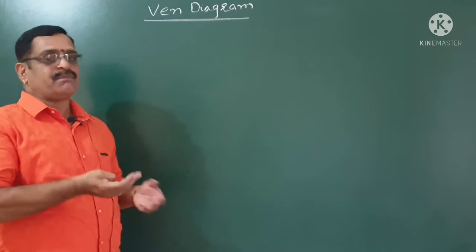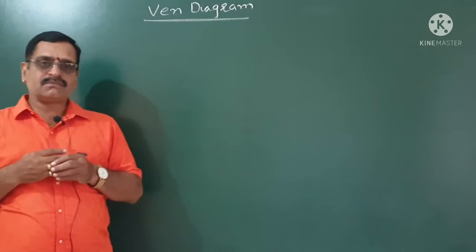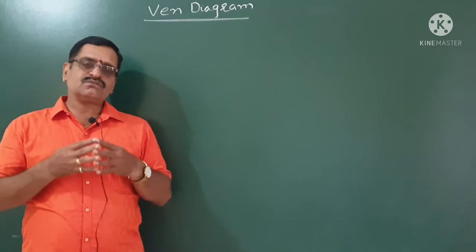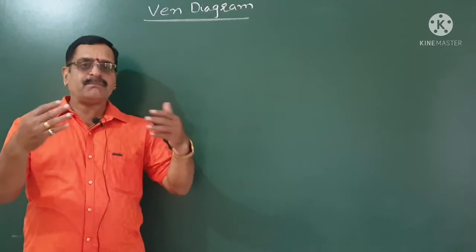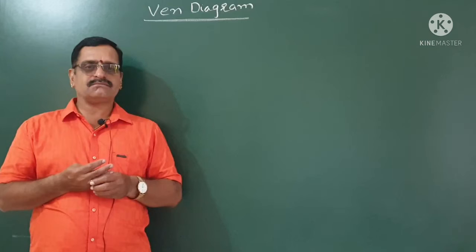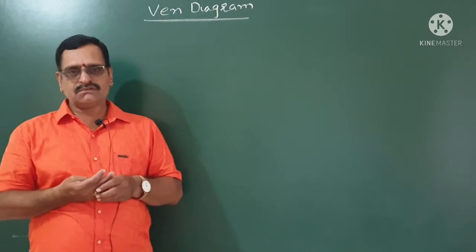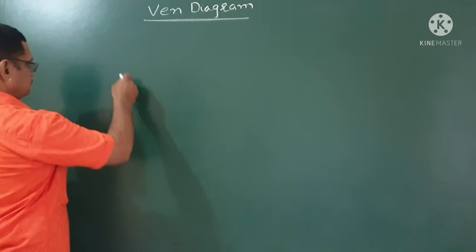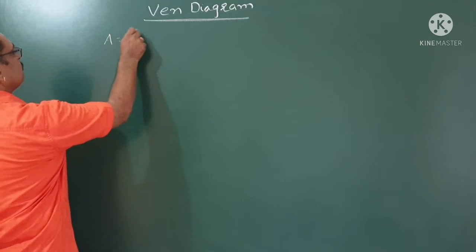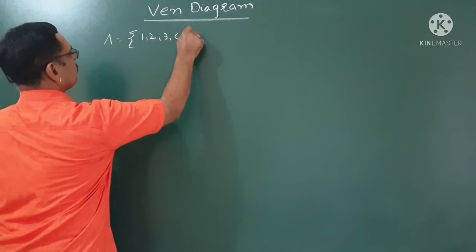So what is the meaning of pictorial representation? Very simple. In this Venn diagram, we use any polygon. Most of us use rectangles and circles. Of course, you can use triangles also. For example, A is equal to the set 1, 2, 3, 4.